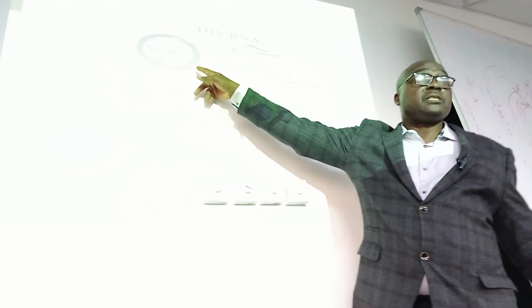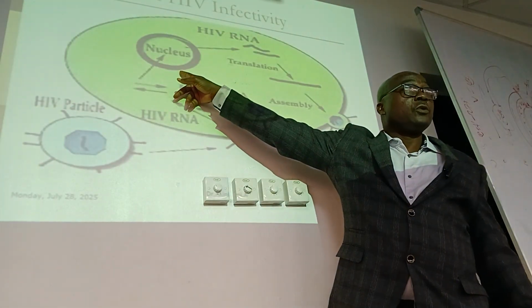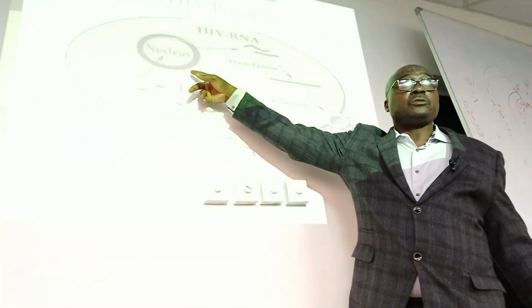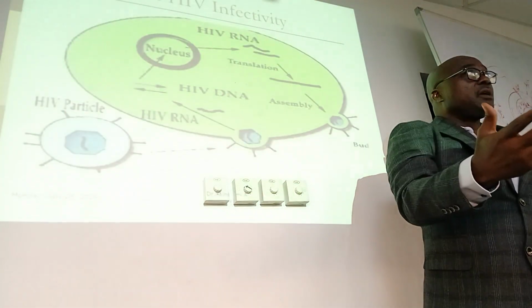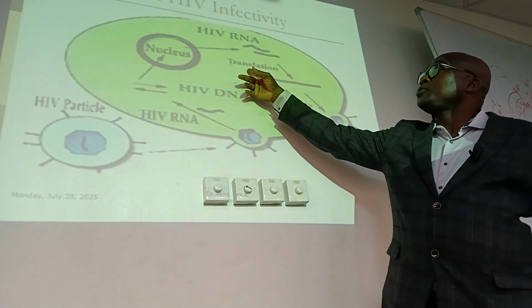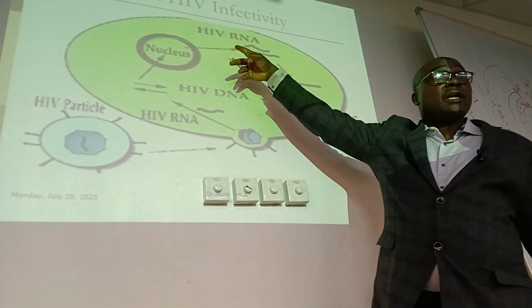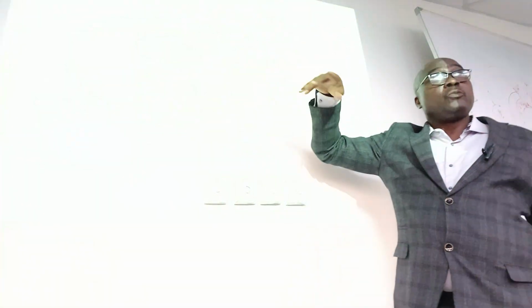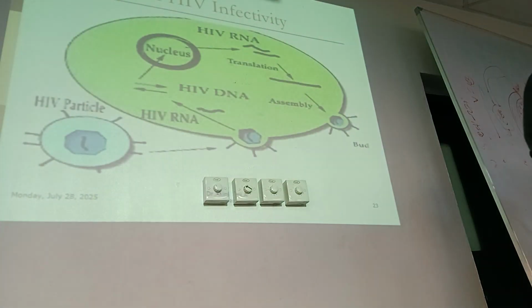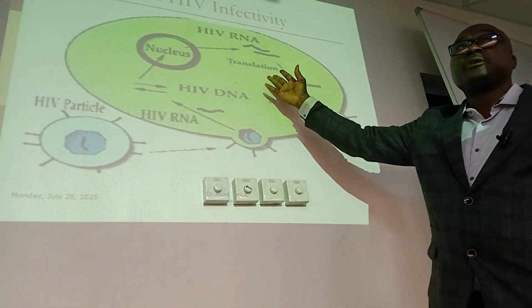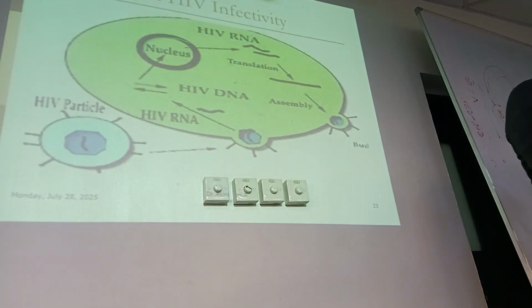The HIV DNA is integrated into your nucleus with the integrase, and then replication will take place, and transcription will produce HIV messenger RNA, and not your messenger RNA. And then the translation will now produce HIV proteins.